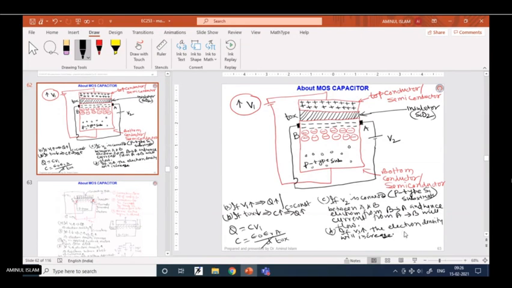Because of that, more field, more attraction, more electrons. So current will also increase. Electron density increases, current will also increase, obviously.